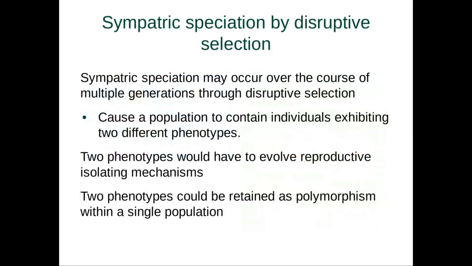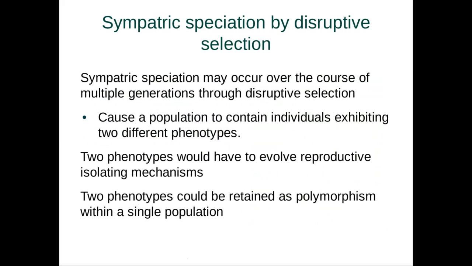Now, sympatric speciation can also occur via disruptive selection. So sympatric speciation can occur over the course of multiple generations through disruptive selection. This causes a population that contains individuals exhibiting 2 distinct phenotypes.